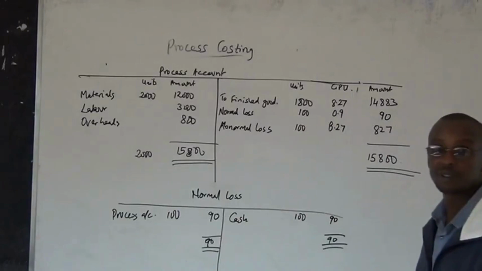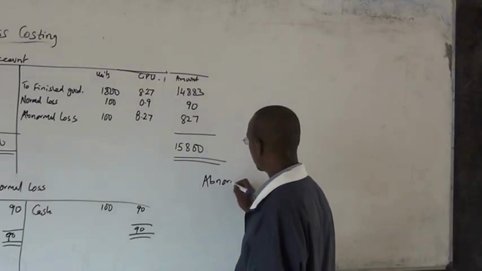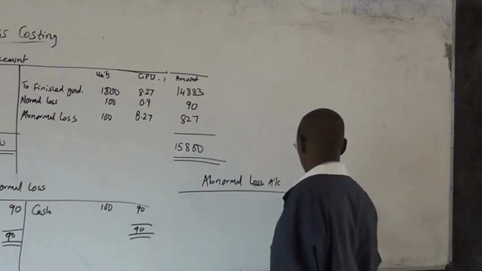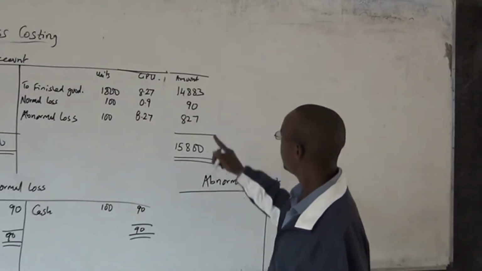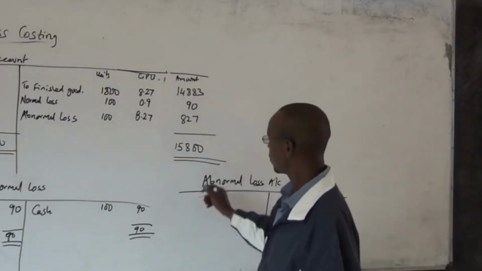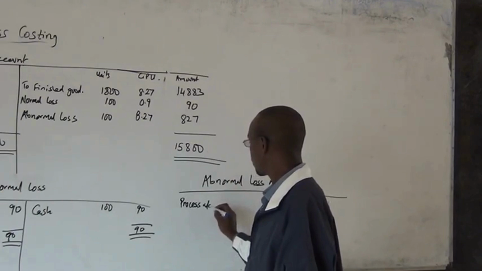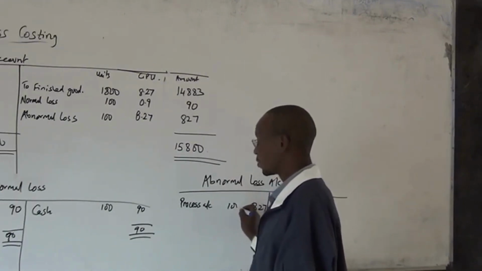And probably you can still have the abnormal loss account, like that. Then double entry of this: process, 827, 100 units.